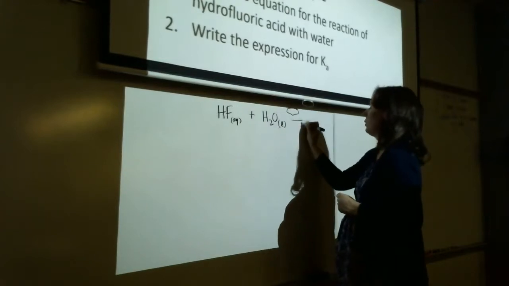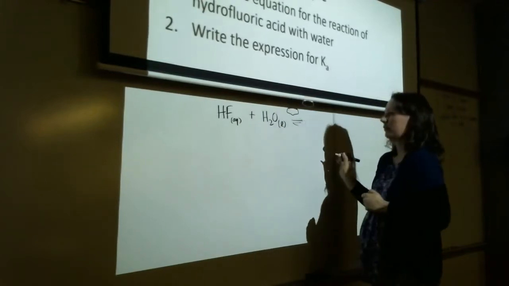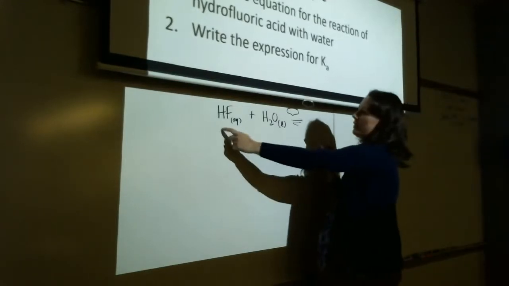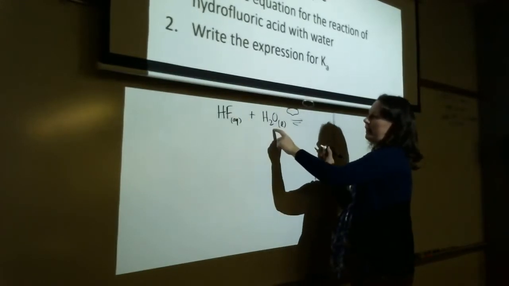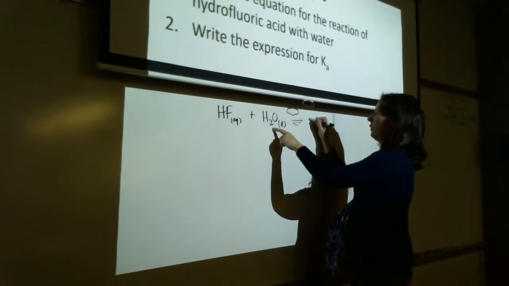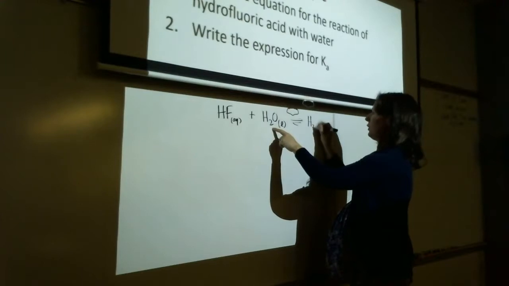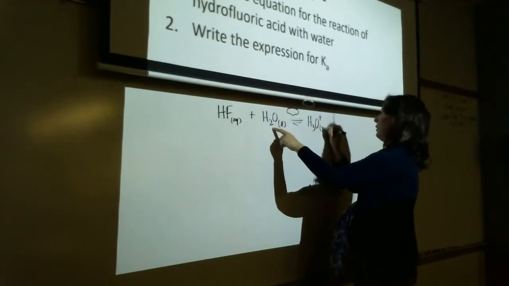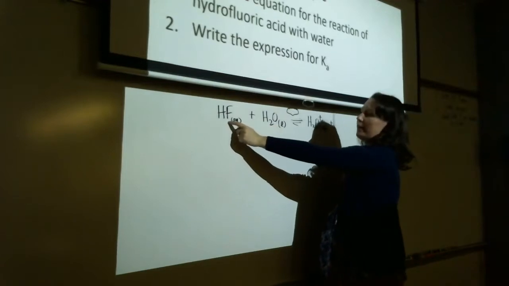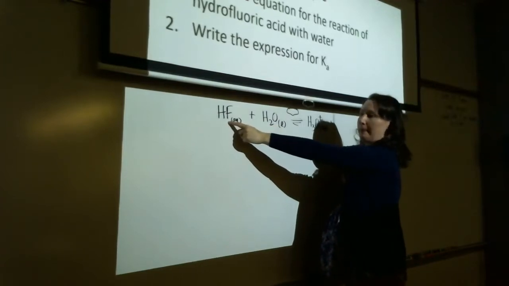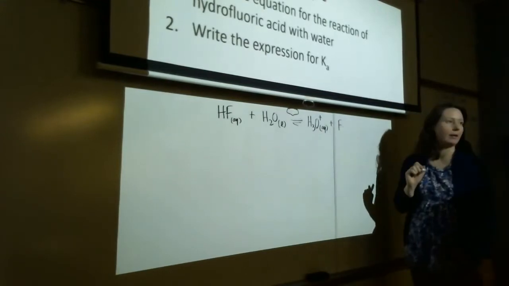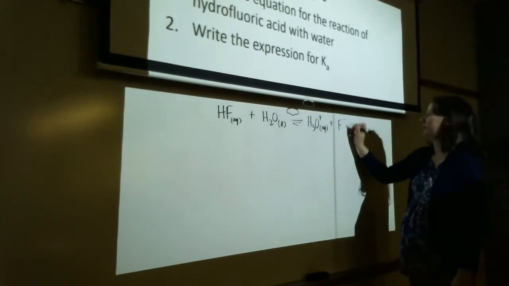So that is in equilibrium with what? When this donates to this, what am I going to get? What's the conjugate acid of water? H3O plus AQ. And what's going to be the conjugate base here? What's going to be left over? Fluoride. Is it F? Do I just leave it like that? F minus, right. It's fluoride.